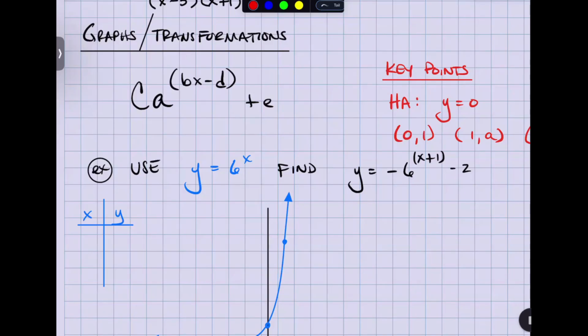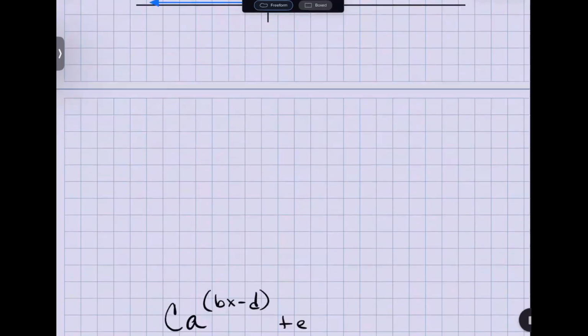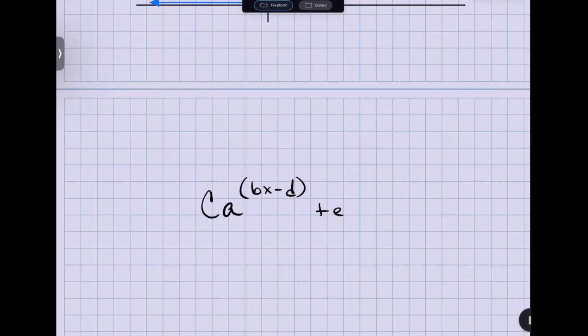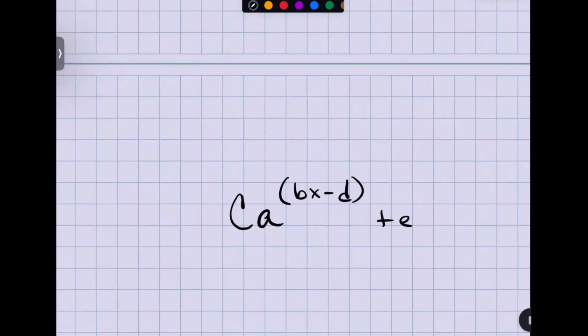So I'll go ahead and bring this down because I think that's important. Inside the parentheses, it's SADMAP.